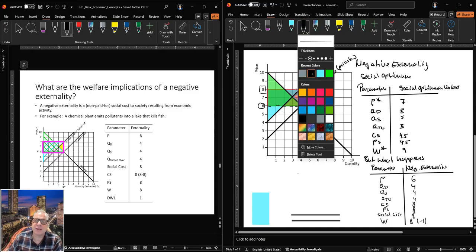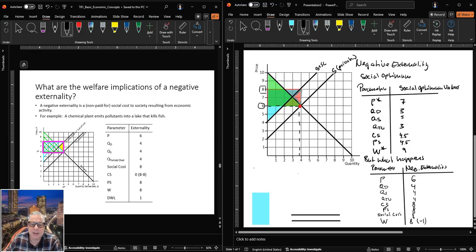The saying is that in the presence of a negative externality, we have too much of a bad thing. So the deadweight loss is the result of overproduction that is inefficient.